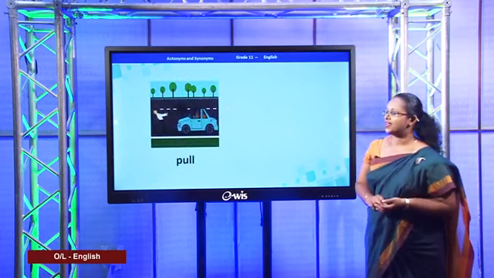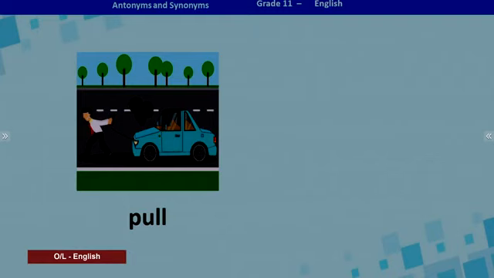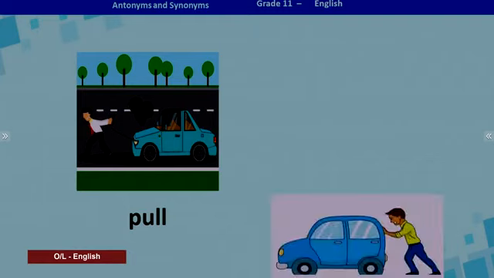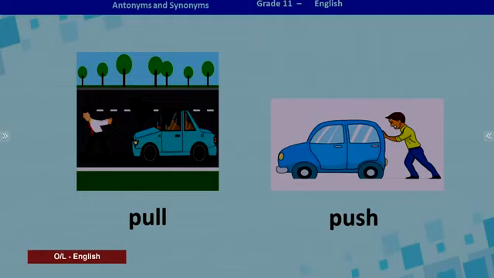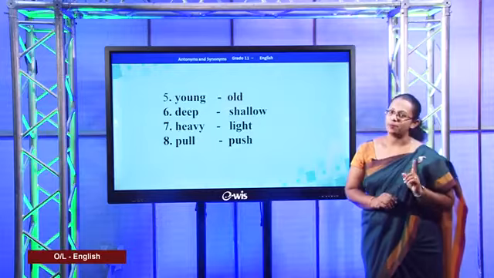Now, you can see a man pulling a car. Maybe it is broken. And here, another man is pushing the car. So, the opposite of pull is push. Right, children. Again, I am going to check your memory, whether you remember the words. The opposite of young was old.